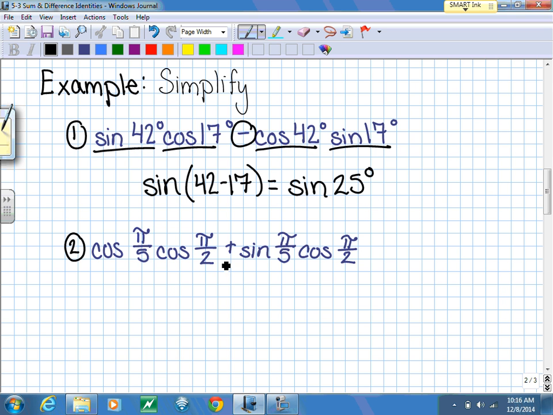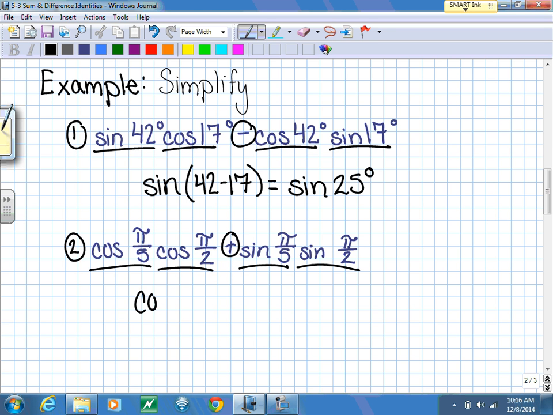I could do the same thing with number 2 here, taking the cosine of a radian times the cosine of a radian, plus the sine of a radian, and, sorry, this is supposed to be the sine. So then you've got the sine of another radian. With the plus sign right here, we'd be looking at the cosine of the difference.